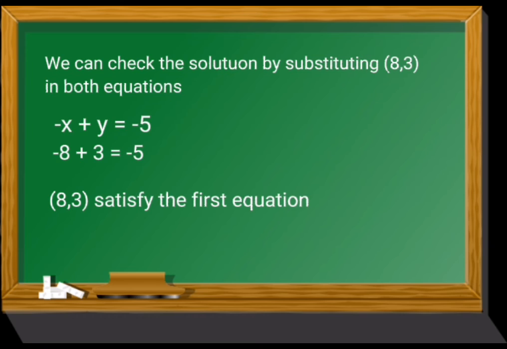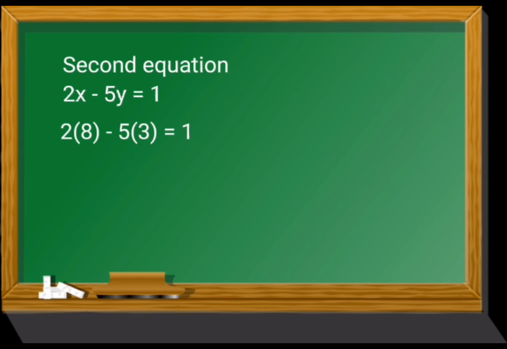Then let's check the second equation to find out if this is the solution to the system. The second equation is 2x minus 5y equals 1. And we have 2 times 8 minus 5 times 3 equals 1.